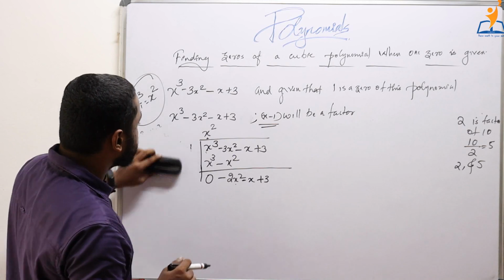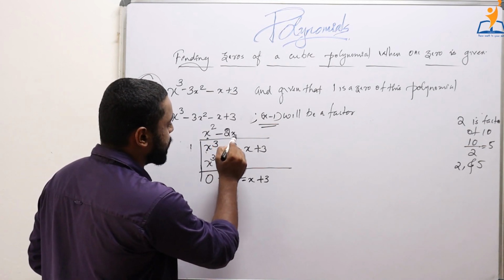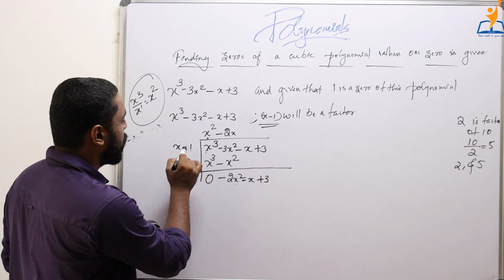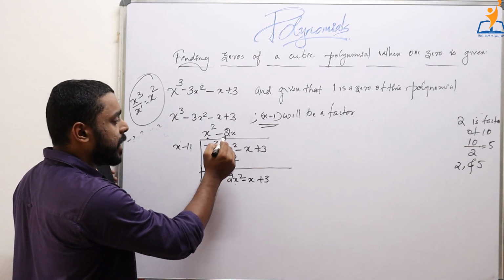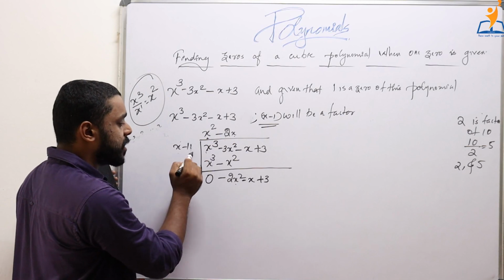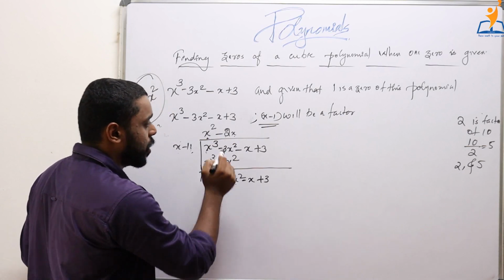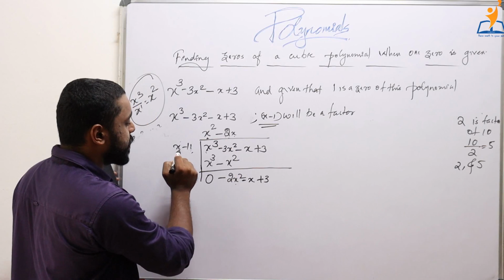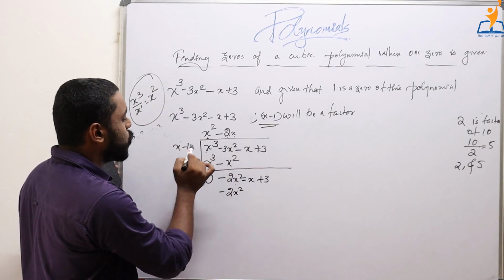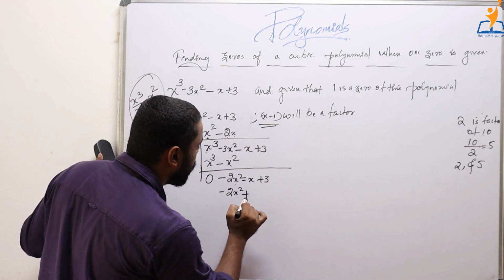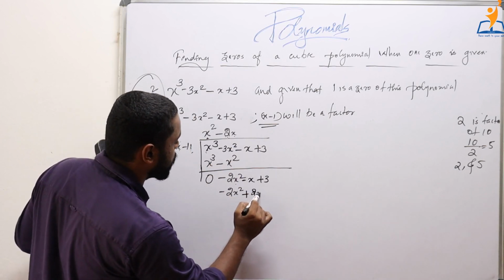So we can write minus 2x here. Now we can multiply this minus 2x with the divisor to get a polynomial here. Minus 2x into x is equal to minus 2x square. Minus 2x into minus 1 is equal to plus 2x.